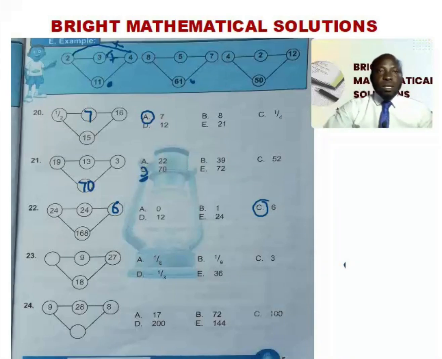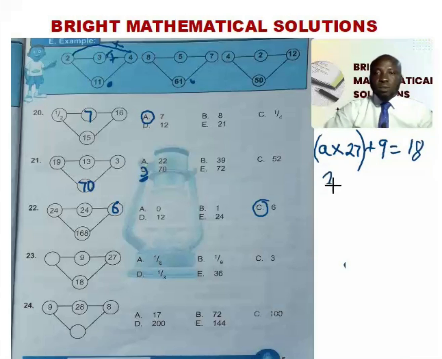Now let us look at the next one. We have an unknown here. Let our unknown be a. a multiplied by 27 plus 9 equals 18. So if you multiply, this gives you 27a plus 9 equals 18.